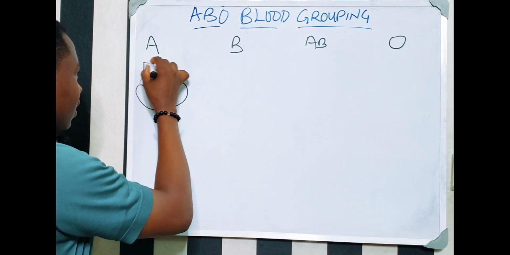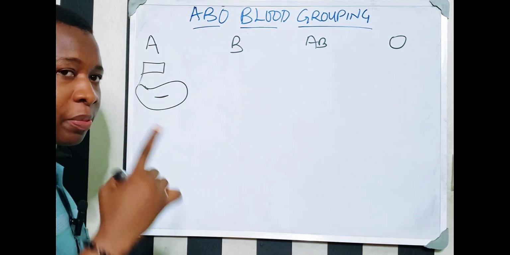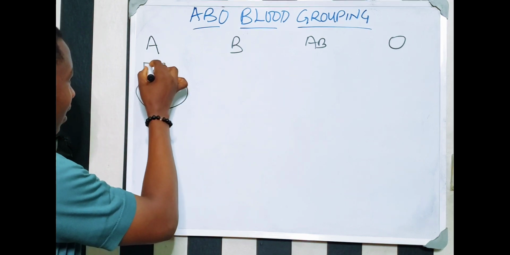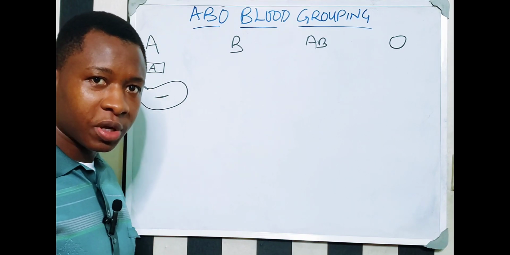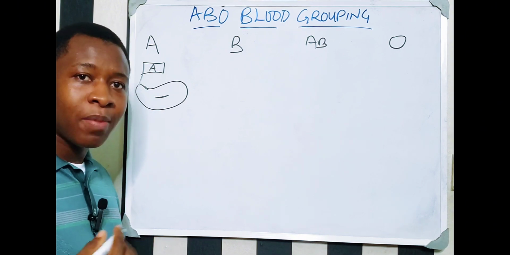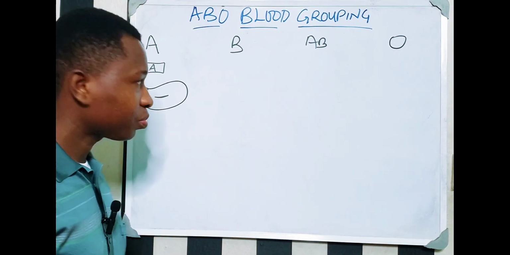So this antigen is like a flag. I use a flag to represent it. It's like a flag that says, oh, I am blood type A.